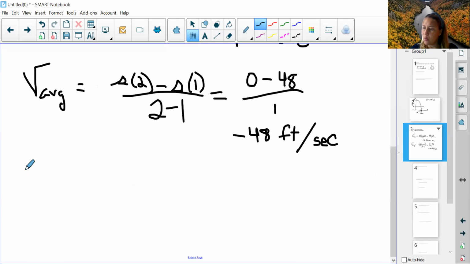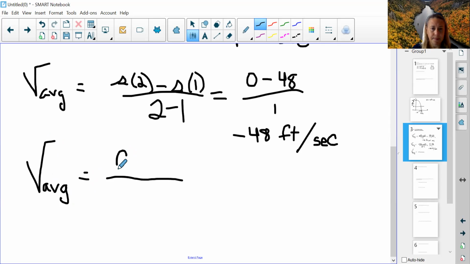If I want to know the average velocity between 2 points, and my values of time are A and B, so time equals A, time equals B, I want to find the average velocity between those 2 points.